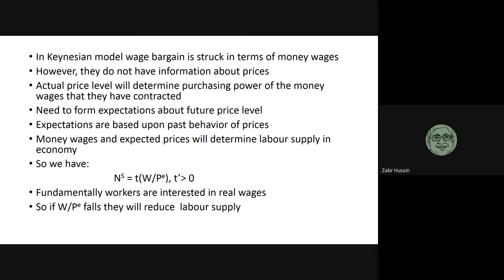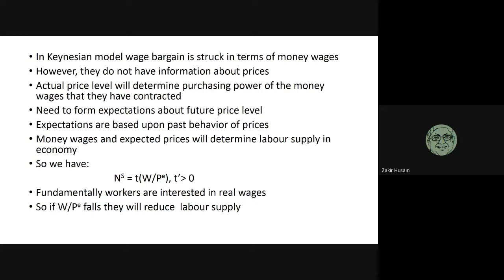Now, in the Keynesian model, when you bargain, the wage contract is again made in terms of money wages, just as in the classical case. The difference is that workers do not have perfect information. They do not know what prices are.